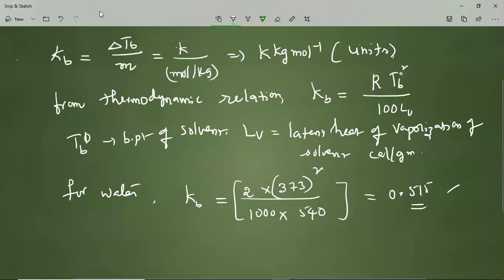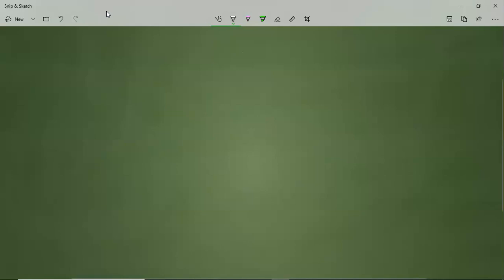Now the point is very clear that the Kb value is important, and that value is constant for every solvent. Solvent to solvent this value is different, and that will be given in the examination to do the problems.